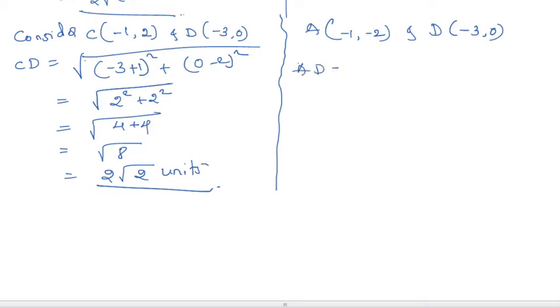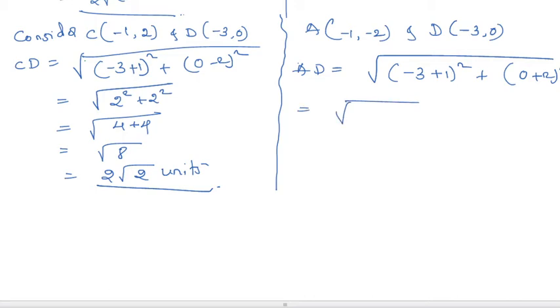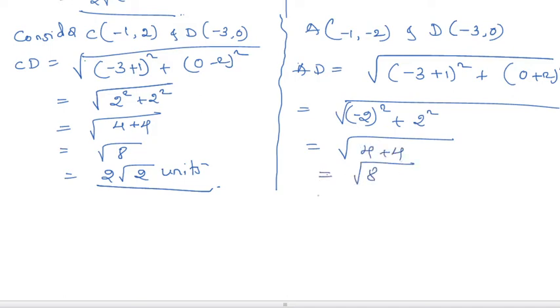Here AD is equal to square root of (x2 minus x1) square, (minus 3 minus minus 1 means plus 1) square plus (0 minus minus 2 means plus 2) square, which is equal to square root of minus 3 plus 1, you will get minus 2 square plus 2 square. Square root of 4 plus 4 is 8, can be written as 2 root 2 units.